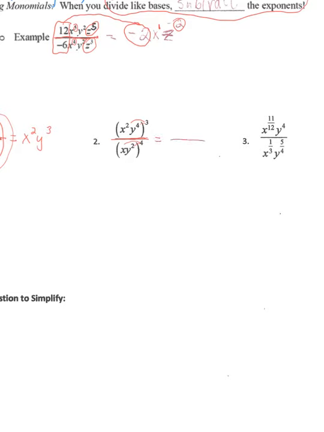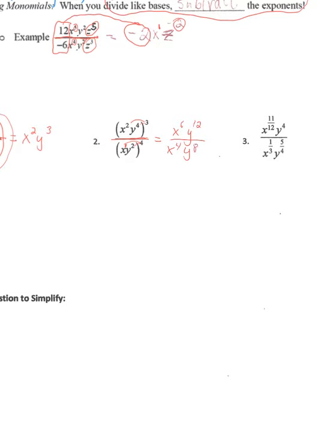So when I'm done doing that, I should have in the numerator x to the 6, because 2 times 3 is 6, y to the 3 times 4, which is 12. And in the denominator, keep in mind there's a little 1 next to that x, that gives me x to the 4th, y to the 8th.